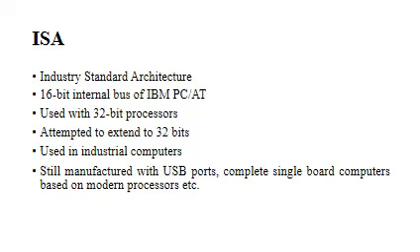There still is an existing user base with old computers, so some ISA cards are still manufactured, such as with USB ports or complete single port computers based on modern processors, USB 3.0 and SATA.